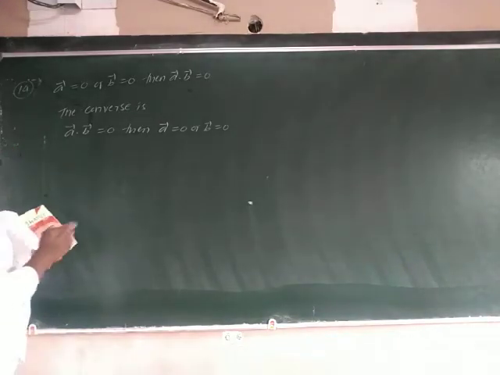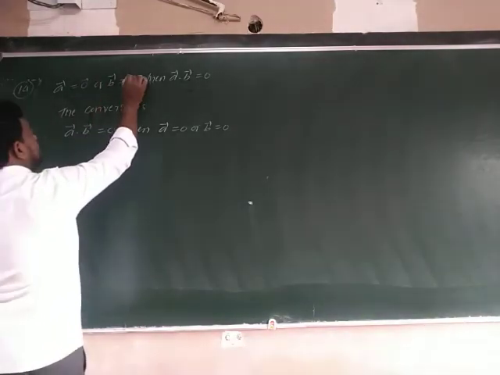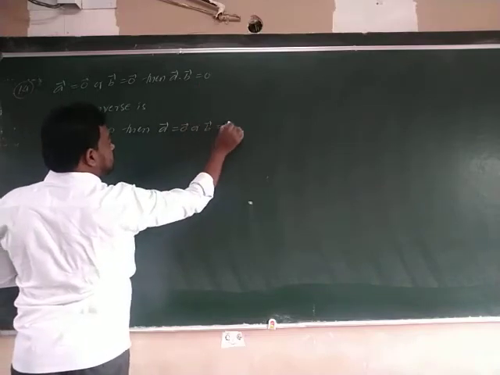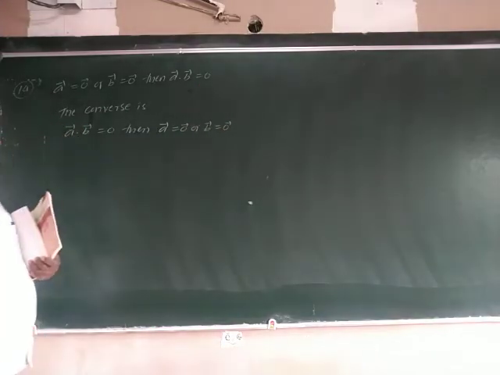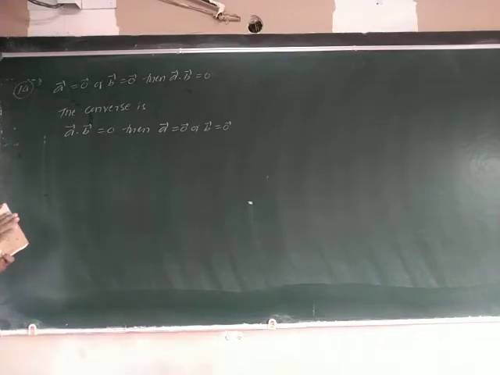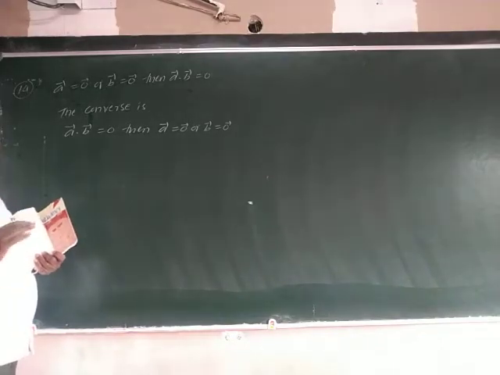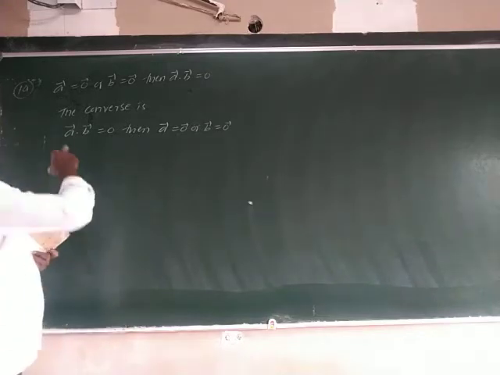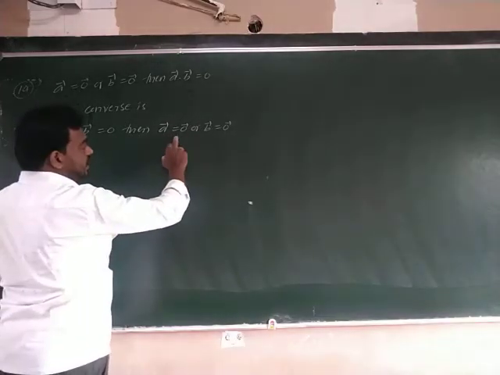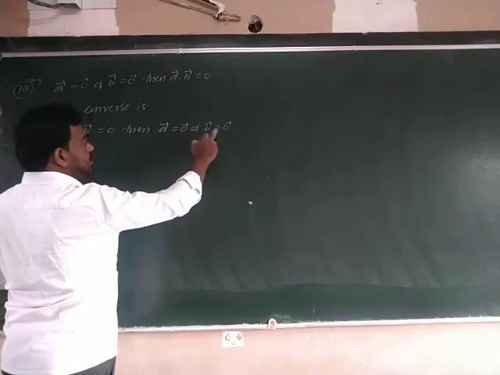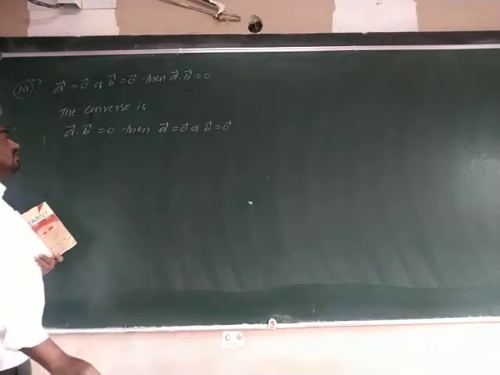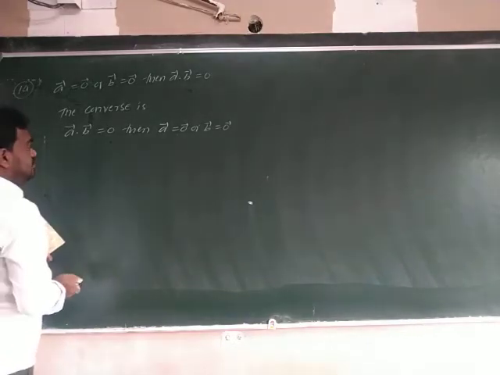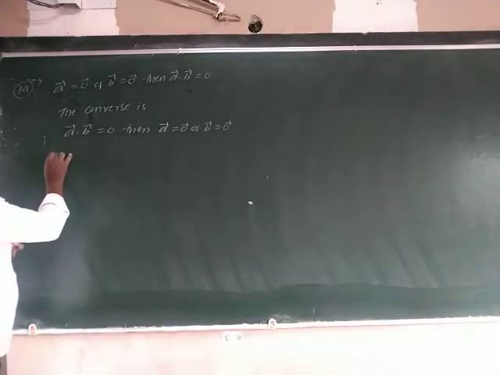It means zero vectors, not scalars here. So the converse is not necessarily true. That means a dot b is equal to 0 need not imply a equal to 0 or b equal to 0. You take one example.